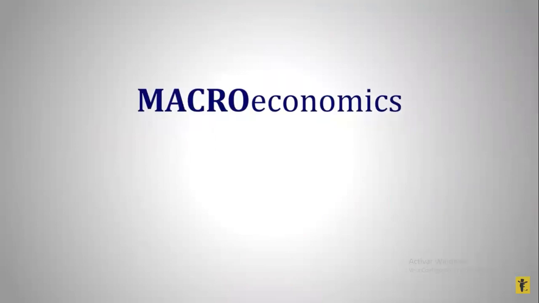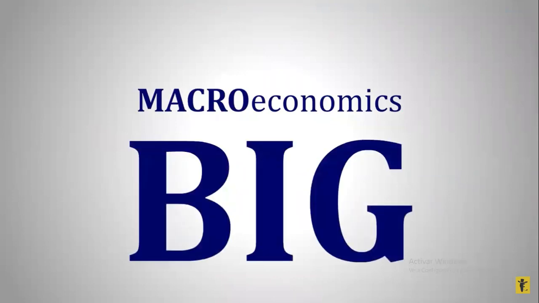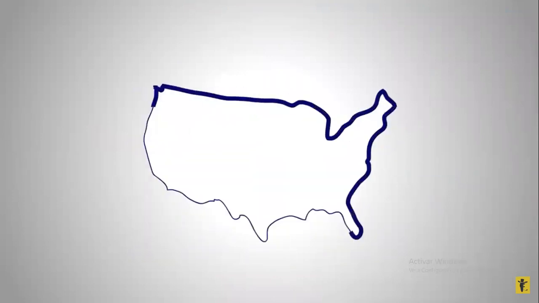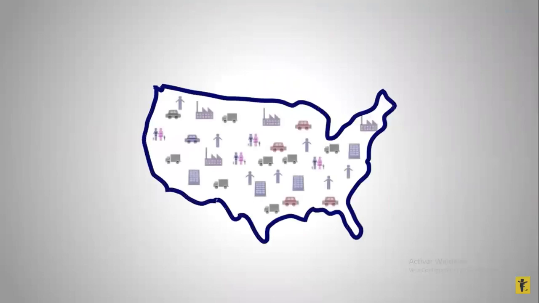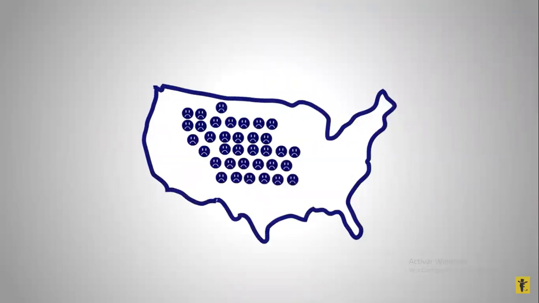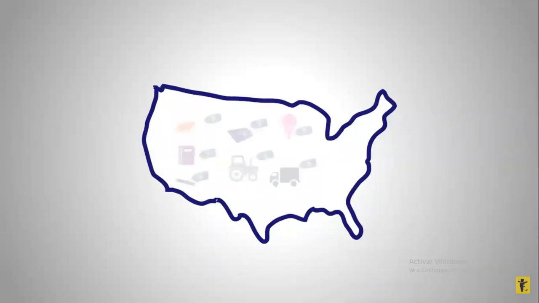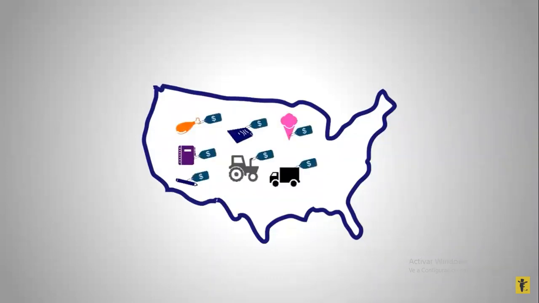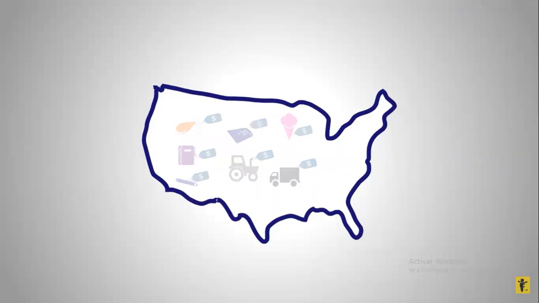Macroeconomics comes from the Greek word makros, meaning big. In macroeconomics, we are interested in the economy as a whole. For example, the country's unemployment rate, changes in prices of goods, or inflation.